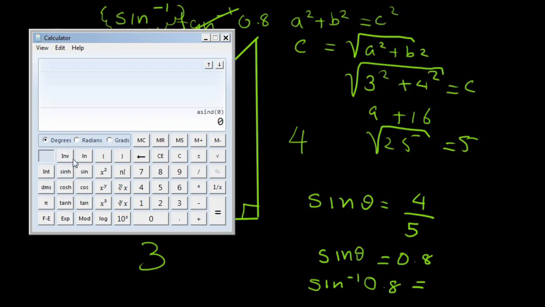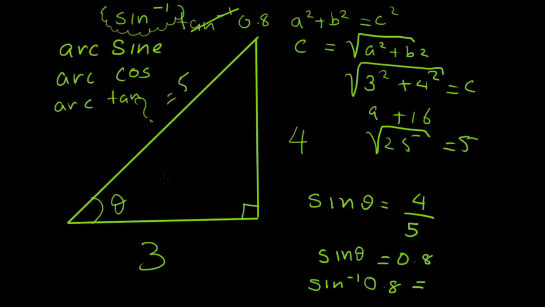Okay. So we have to figure out arc sine of 0.8. Arc sine of 0.8. Okay. And that is around 53.13 degrees.